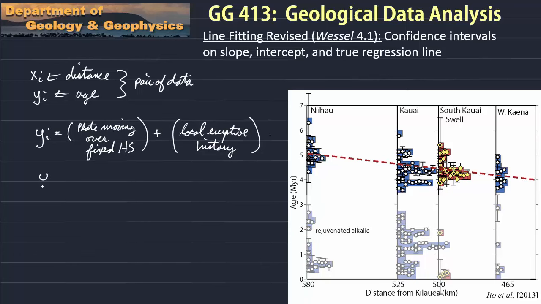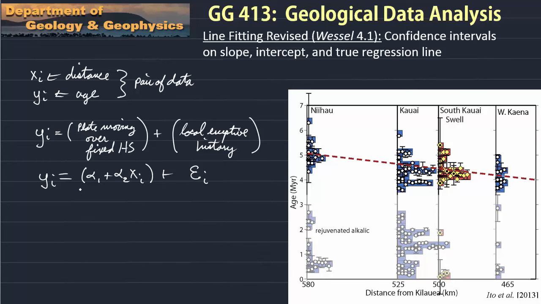And we can describe that as the sum of a true line regression with an intercept of alpha 1 and a slope of alpha 2 at each volcano location x plus epsilon. And epsilon describes everything not related to this true trend, and we could refer to that as noise, or in this case, the local eruptive history.